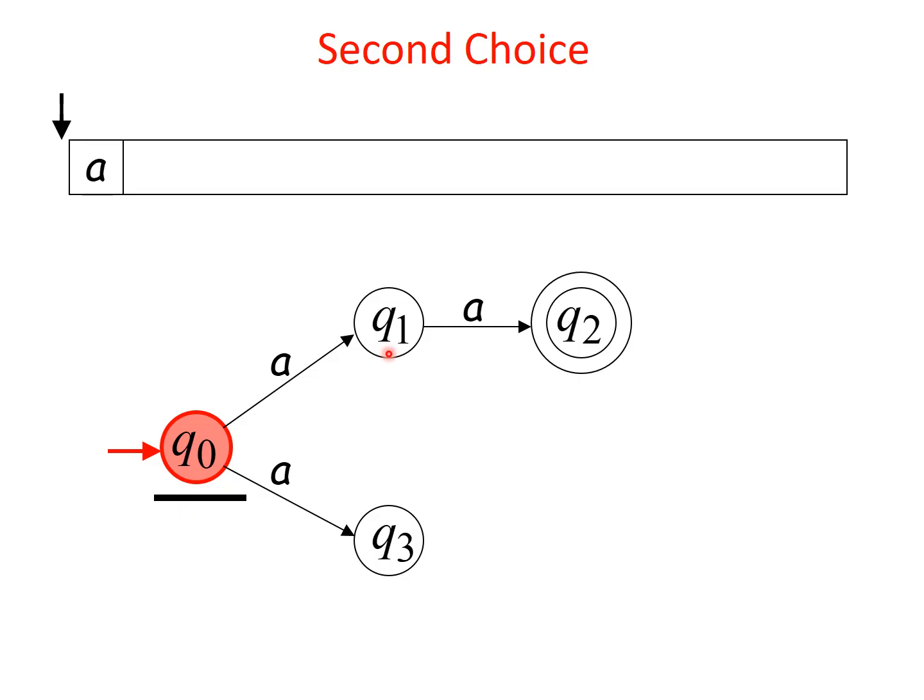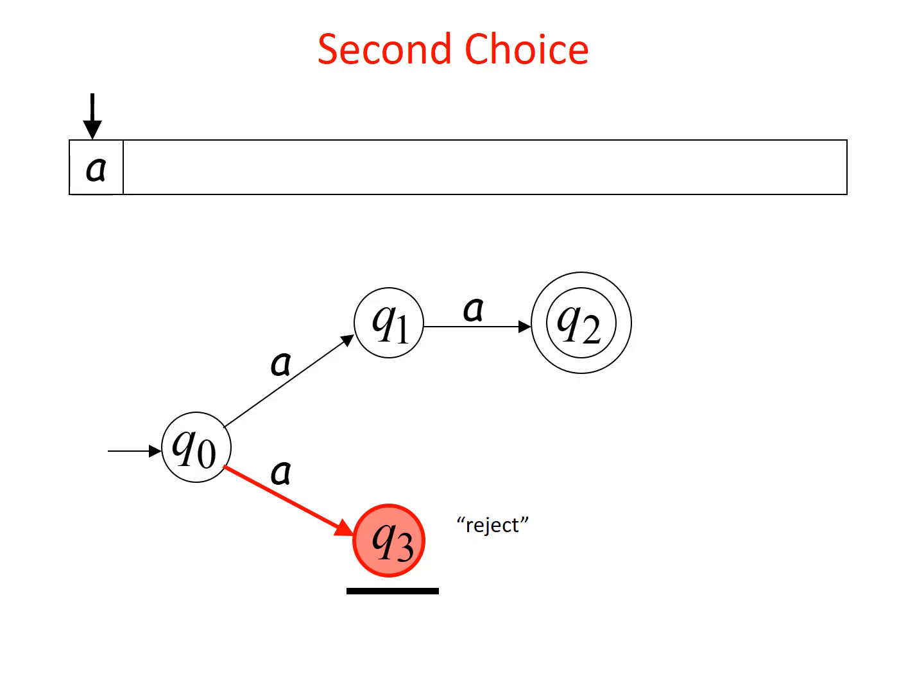In the second choice, one more path is there. While reading the single A, it reaches the q3, then there is no A in the input buffer, but in the transition diagram you are at q3. q3 is not a final or accepting state, so you reject it.